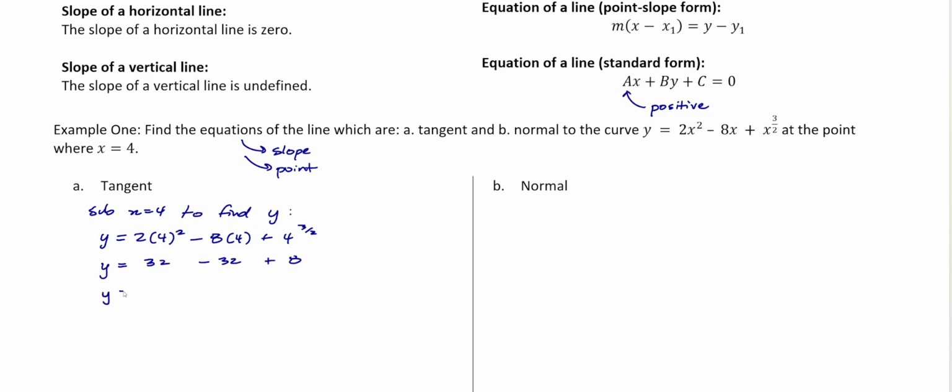So y is equal to 8. So I now have my point. Therefore, the point is going to be the x value of 4 and the y value, by subbing the x value into here, is 8. So I've got my point.